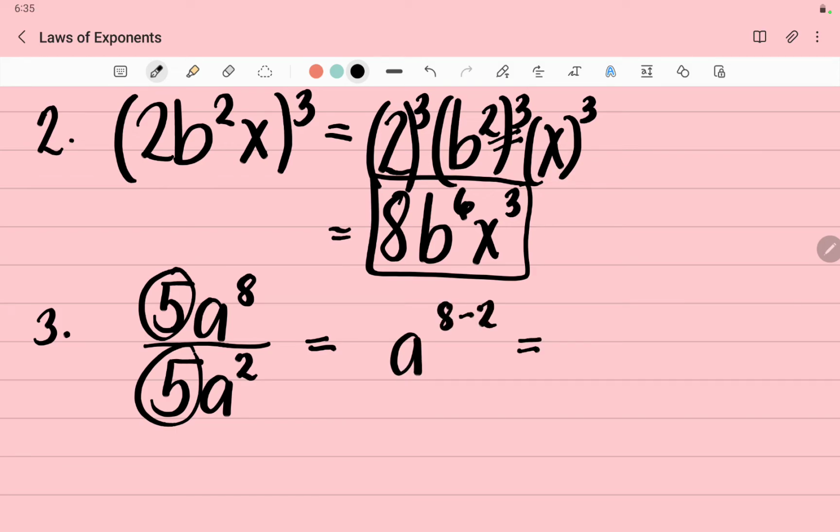So, the final answer is a raised to 6. Okay, if you can notice, I didn't write the 1 because if we put it here, 1 times a raised to 8 minus 2 is equal to 1 times a raised to 6, which is still a raised to 6. Okay?